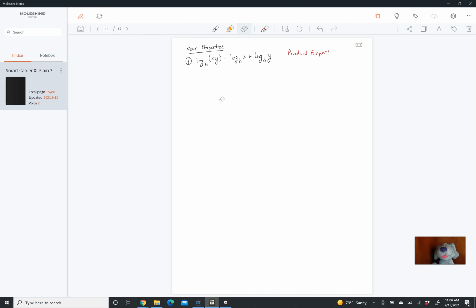Not surprisingly, this is very much like exponents. In exponents, we said if you have the same base and you're multiplying, then you add the exponents. This is if you have one log and you're multiplying, you can split it into two logs and add. Okay, so very, very similar. You go from multiplication to addition. And the second property is very much like this. It's just that you go from division to subtraction.